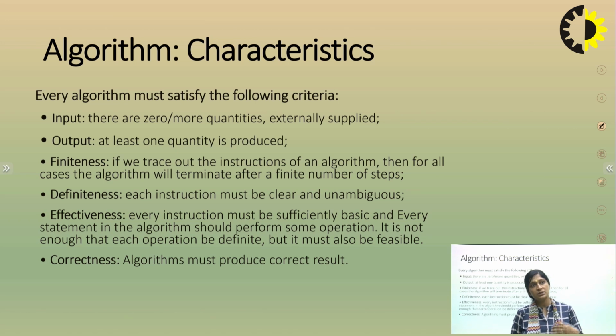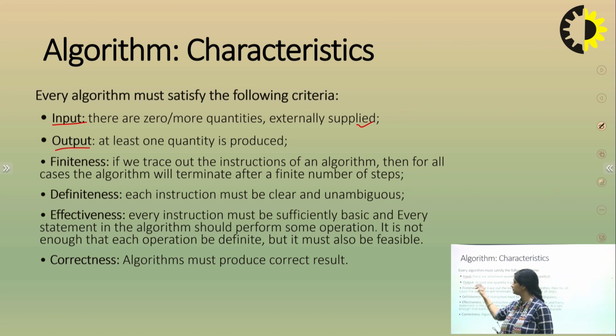But in the first one, hello world, as you are taking the output, there is no input. So this is the meaning of the first term. There are 0 or more quantities or inputs externally supplied.